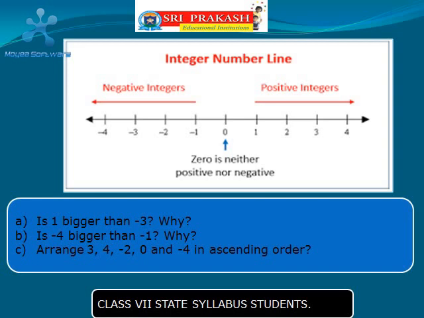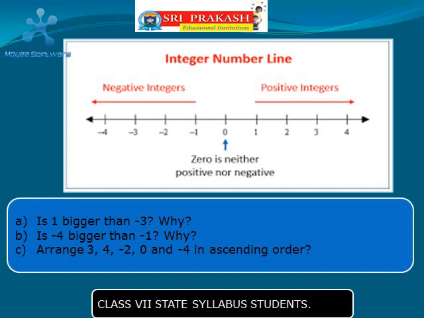Now the third question. Arrange 3, 4, minus 2, 0 and minus 4 in ascending order. Ascending order means we have to write from smaller number to bigger number.